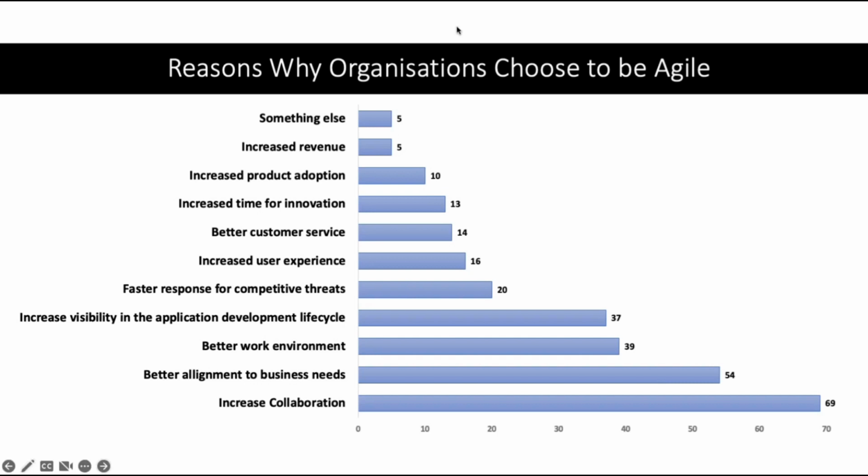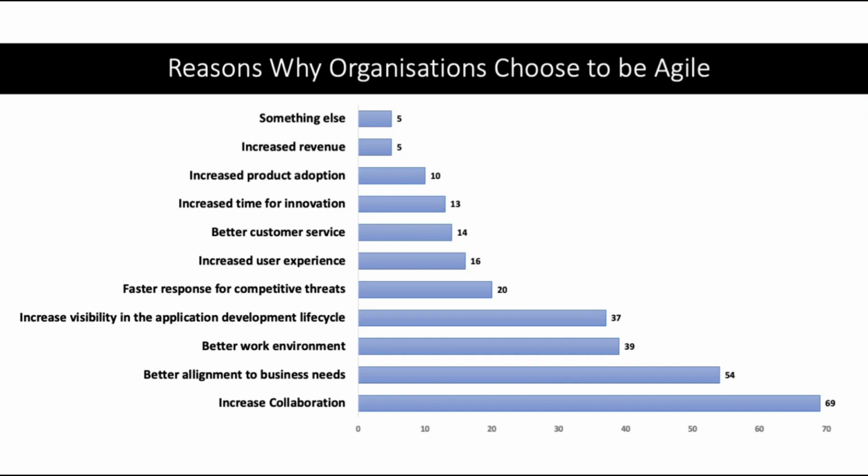Questions from the floor. I'm just going to stop and hear from the rest of you. Is there anything that you see in the list that is probably not there? What other good reason do you think you would want to have agility implemented in your company?